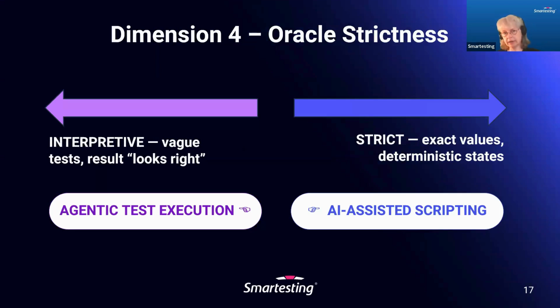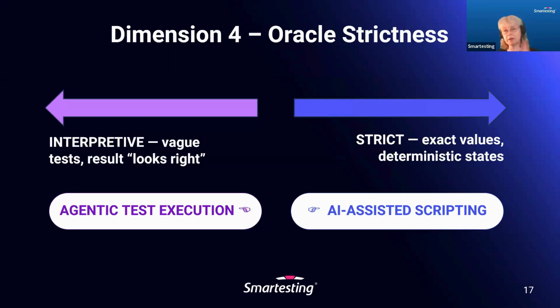And the last one is the Oracle strictness. So if it's okay whether the Oracle, it looks fine. Also, if the test cases are rather vague, then the agent is perfect, because the agent can deal with vague tests. It will find out what happens when you click here, and even maybe try several ways before it comes to the result.